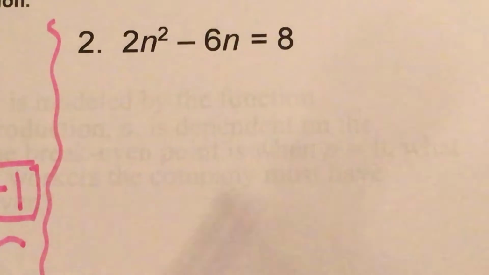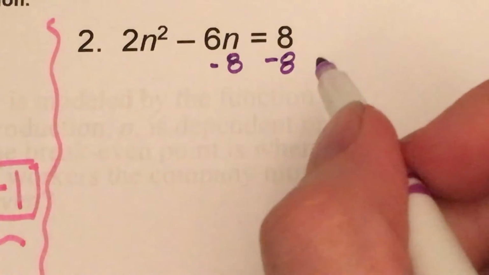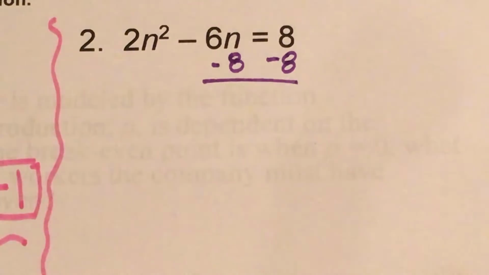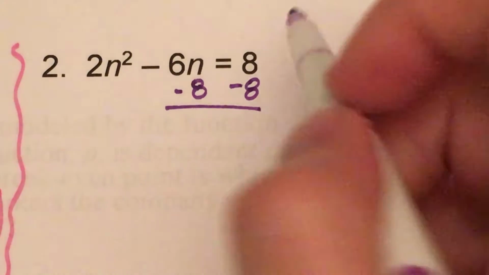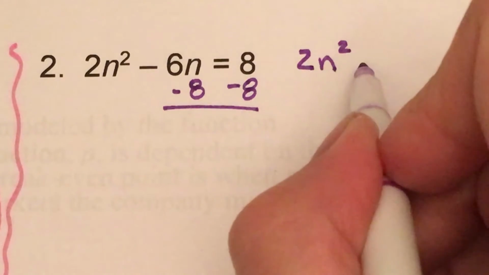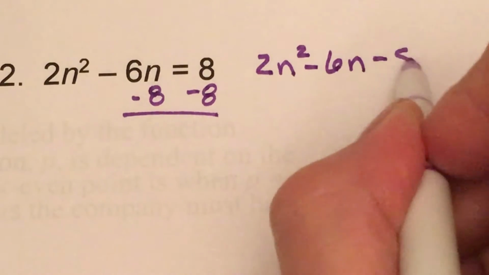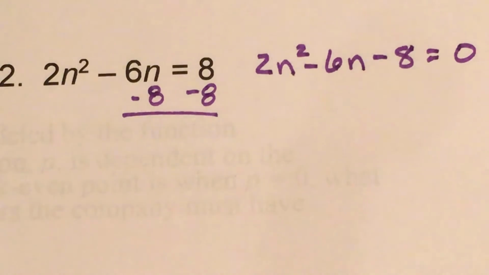So let's go make this equal to 0 by subtracting 8 on both sides. And I get 2n squared minus 6n minus 8 equals 0.